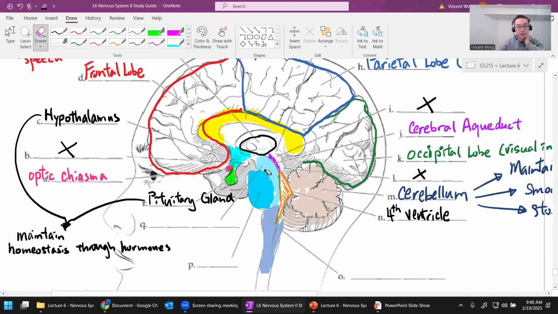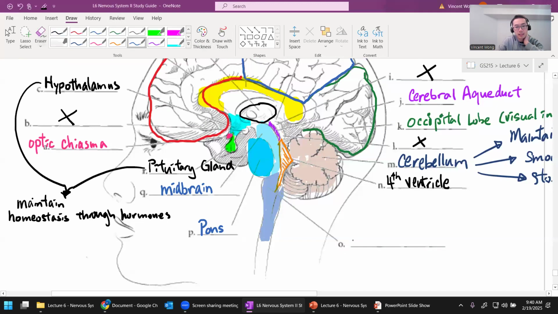Over here, this is the midbrain. Under the midbrain, it is the pons. And then at the very bottom is the medulla oblongata. Okay, so these three things make up the brainstem.